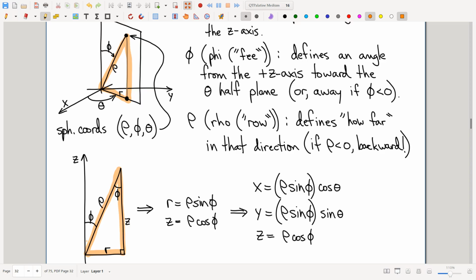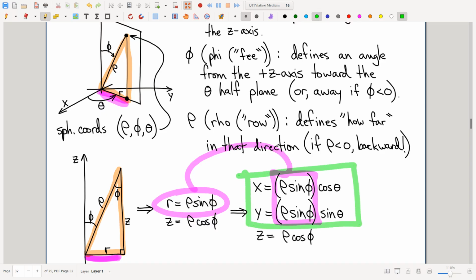And with this settled, one thing you'll notice very quickly is that R is easy to write a formula for in terms of spherical coordinates. It's rho sine phi, boom, easy little trig there. And let's not lose sight of the fact that we already knew x and y were r cosine theta and r sine theta.